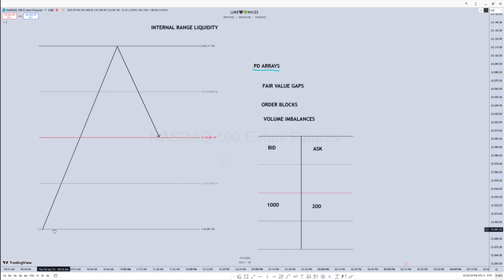Yeah, so if they manage to push price and sponsor and put orders in the market that can sponsor a move from 23891.75 and push it to 24111.75, and the orders that were enough to push this move are exhausted, these guys will want to generate more income.